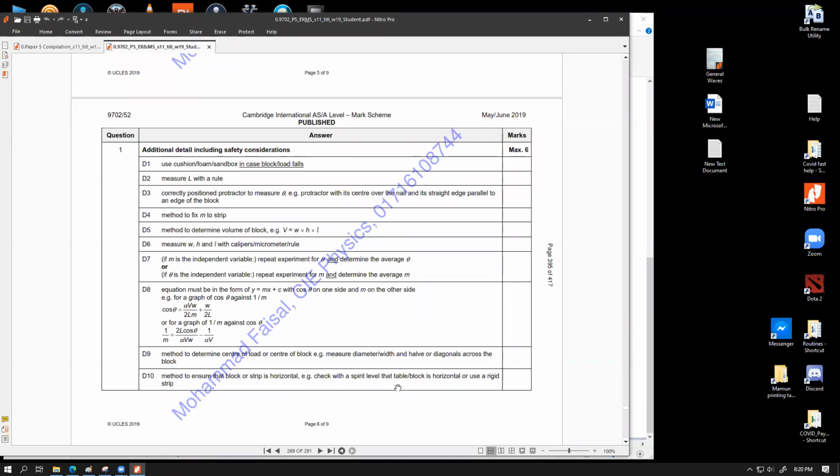So a spirit level typically serves as the best mechanism by which you can check the horizontality of a certain equipment. If you consider only the parallel version, then you can try to make the strip parallel with the table by measuring the strip in multiple places with the table.